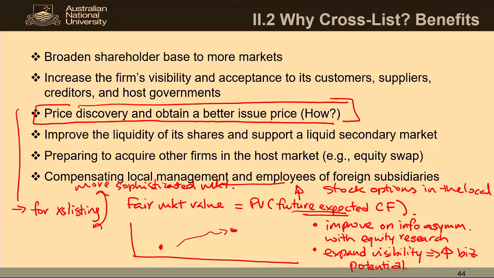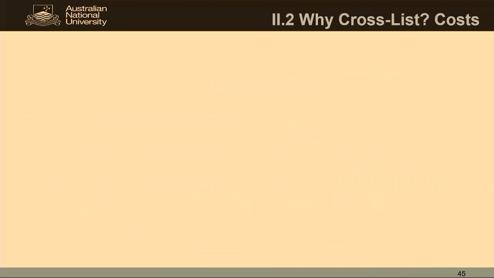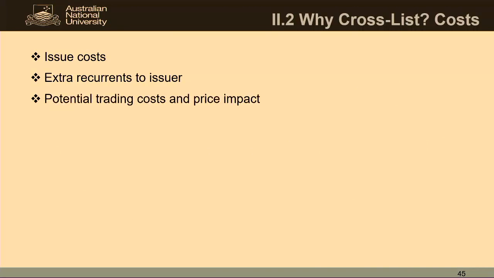Very good. Again, benefits don't come cheap. So you have extra issuance costs, extra recurrence to the issuer, and potential trading costs, and also potential trading impact. Extra recurrence here: if you are listed on a more sophisticated market, you have to perform regular reporting, legal fees, right?